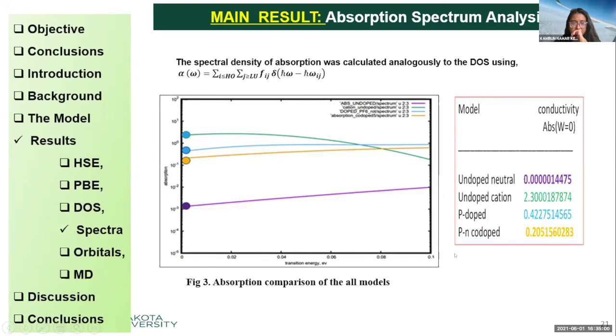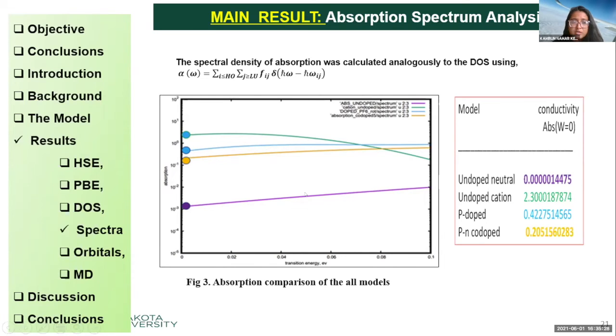So this one shows the absorption spectrum graph, and at zero frequency it shows the higher absorption spectrum, like this one, the blue one. Okay, the cationic undoped, because its band gap was less compared to the other materials.